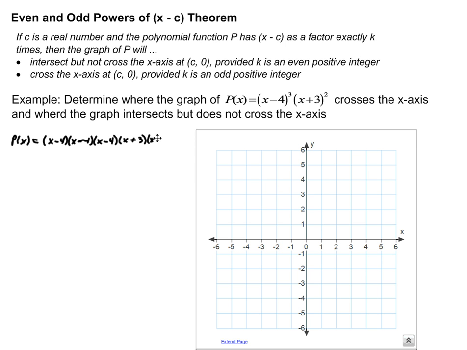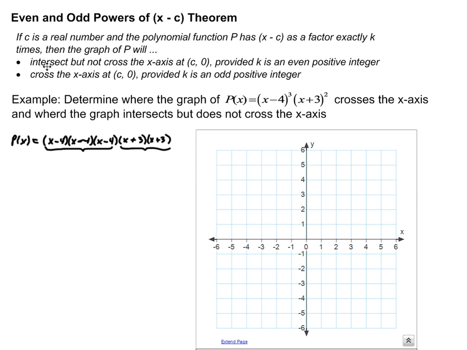So now that we know this is the factored form, and we notice that these repeat 3 times, while these repeat twice, we could find out what happens where the graph intersects but does not cross the x-axis or does cross the x-axis.